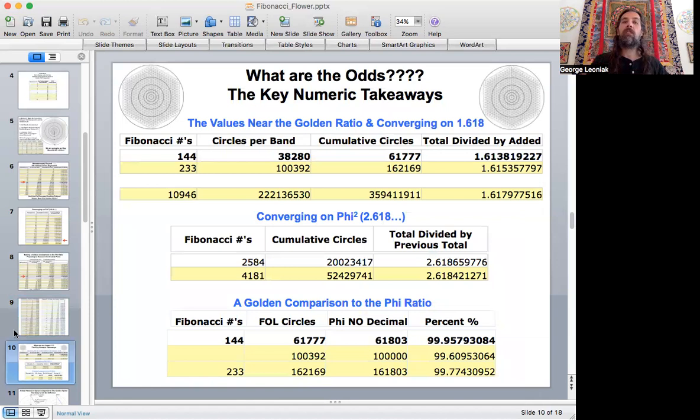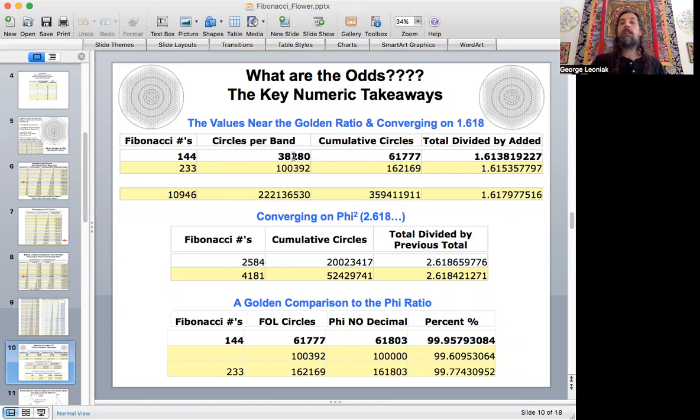The values here in this section, I've just taken a few of those slides and taken some of the key points here. The values near the golden ratio, and they start to converge around 1.618. Okay, so remember, this is where a lot of the action happens in that slide, is between 144 and 233. 6177 and 3820 will add up to 100392, and that adds up to 1.162169.